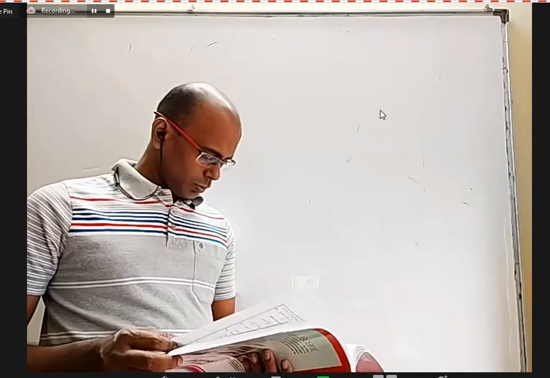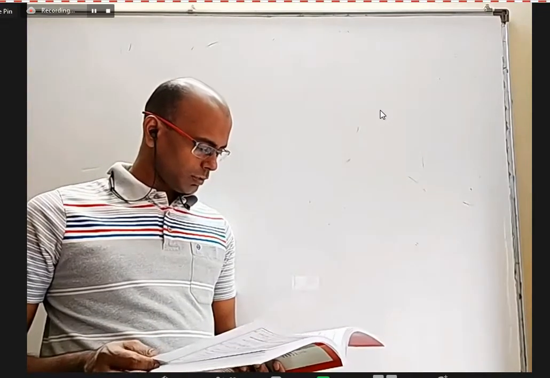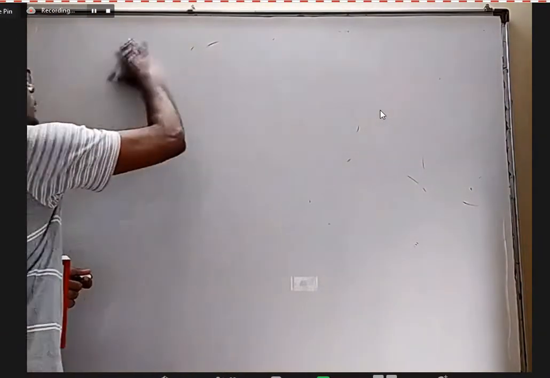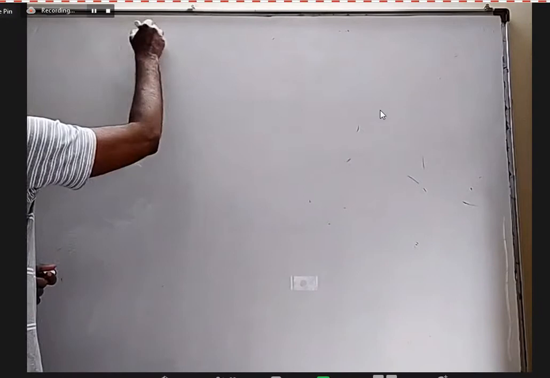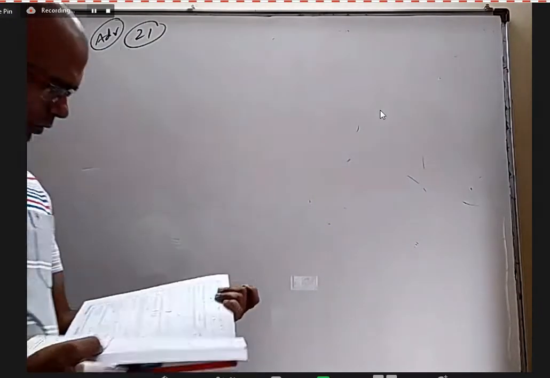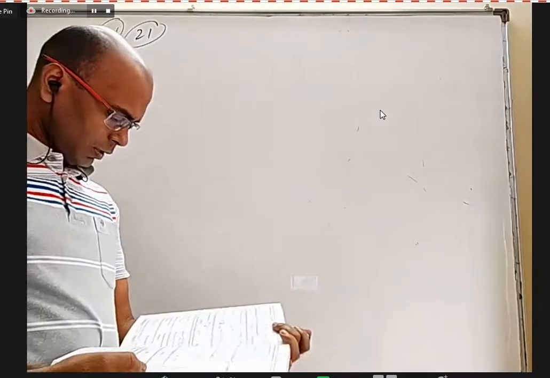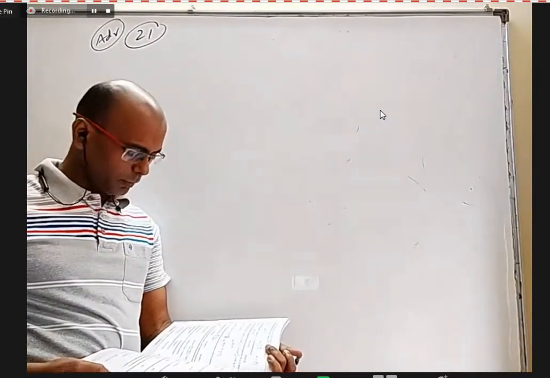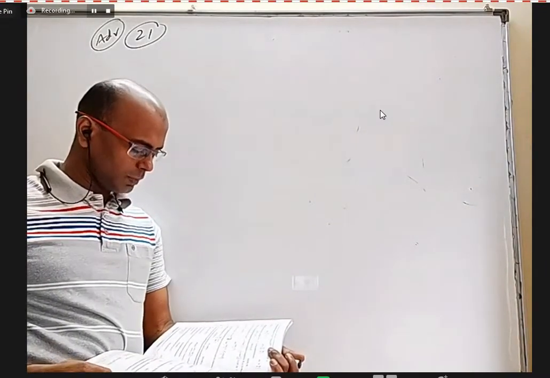Yesterday, last question, 29, we were discussing odd numbers. So 19 completed, 21 I have to discuss. In advanced material, 21. Cos px plus sin x, for them to be periodic, what should p be?